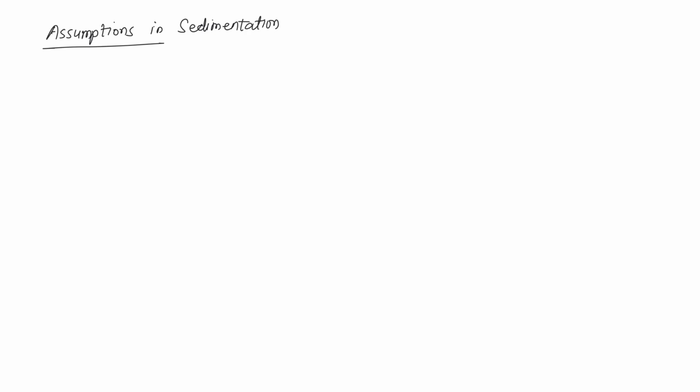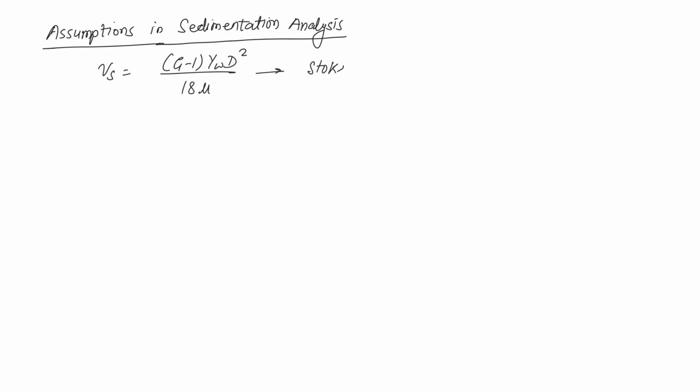As we used a formula that I derived in the first lecture related to the sedimentation analysis, Vs equals (G minus 1) into gamma W into D square divided by 18 mu. And I hope you remember that this formula was derived using Stokes' law.